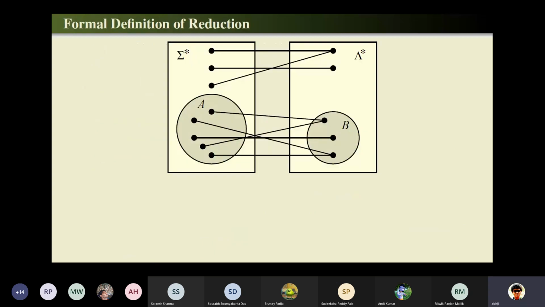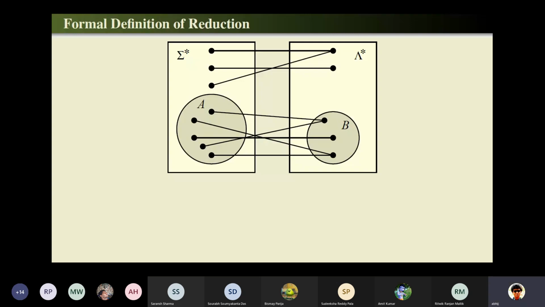So with this first example of reduction in hand, let me formally define what is meant by reduction. Suppose that A is a language over some alphabet sigma, and B is a language over some alphabet lambda, as shown in the picture.